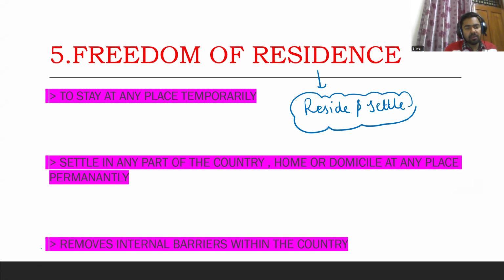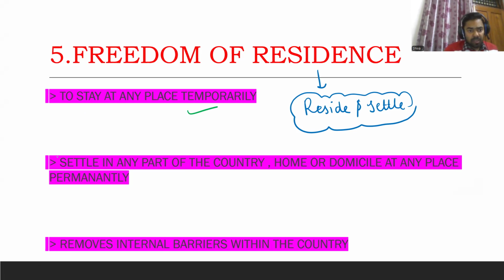The first dimension talks about staying at any place temporarily. If you want to live in Kashmir for 2 years, that's fine. In Uttarakhand for 1 year, that is fine. You can move from one place to another. You can move to Noida, Kanyakumari, Bangalore, Calcutta, Chennai, etc.